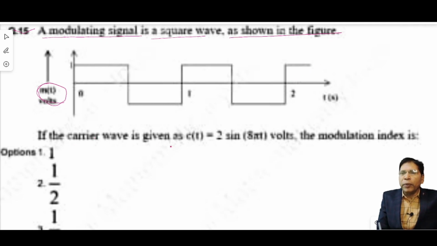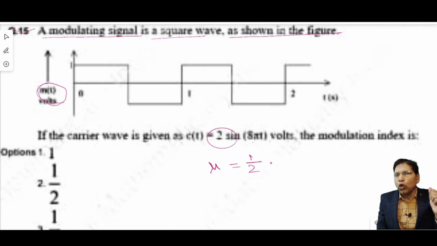If the carrier wave is given by 2 sine 8 pi t volt, the modulation index mu equals the amplitude of the signal, which is 1, divided by the amplitude of the carrier wave, 2. So option 2 is correct.